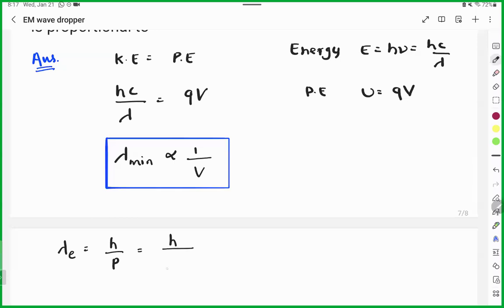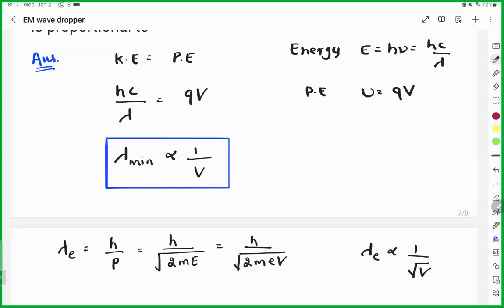Here h upon p is equal to root 2 m e, energy or kinetic energy, and E is equal to voltage. Correct? And based on this, you will consider that, sir, this can also be the answer, right?